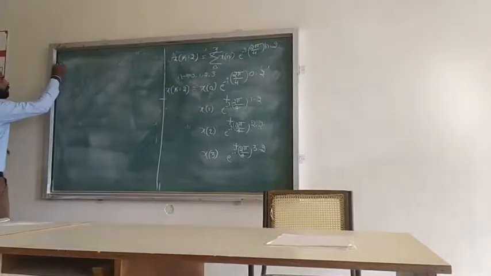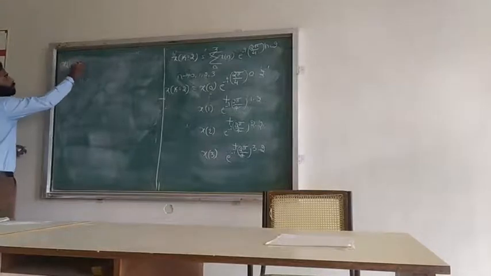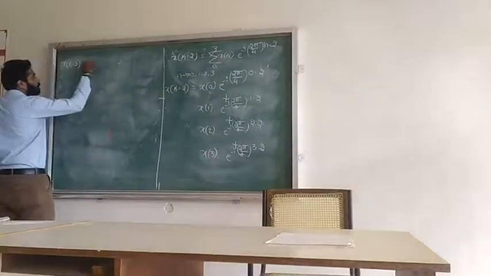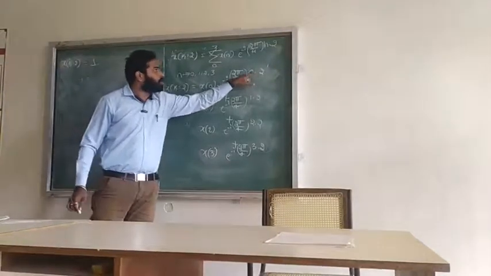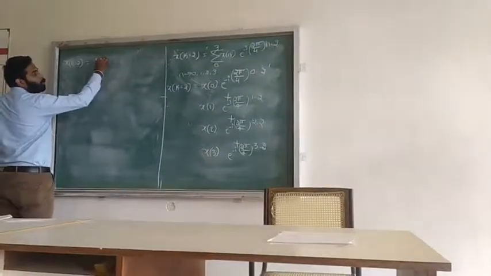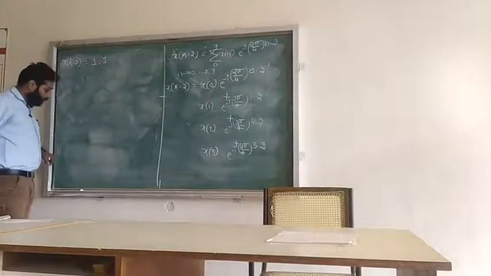Okay, now x at k is equal to 2, that's equal to: x of 0 is what? x of 0 is 1, so 1 into e raised to 0, e raised to 0 is 1. So 1 into 1.